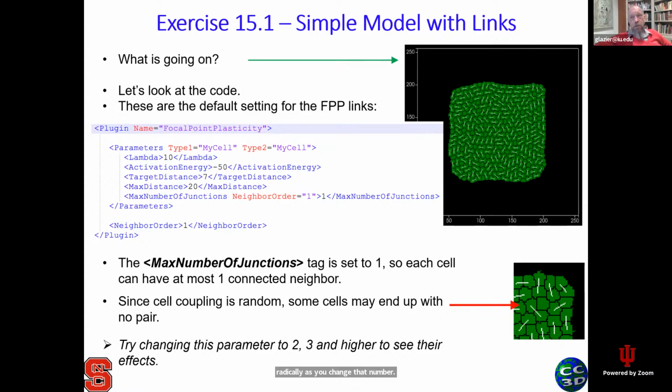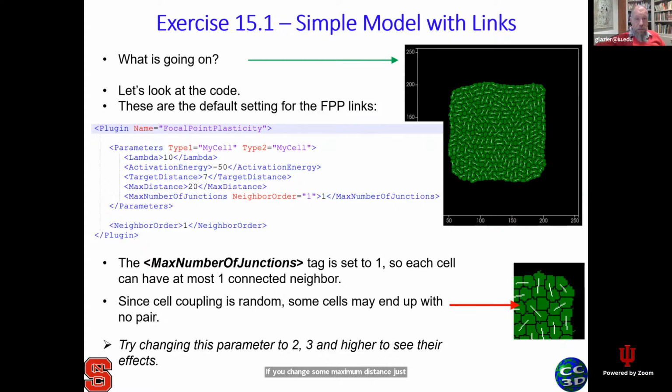If you play with the max distance and that activation energy, the pattern will change, but in ways that are sometimes not so obvious. If you change the activation energy just a little bit, you're not going to see a big change. If you change the maximum distance just a little bit, it won't change.